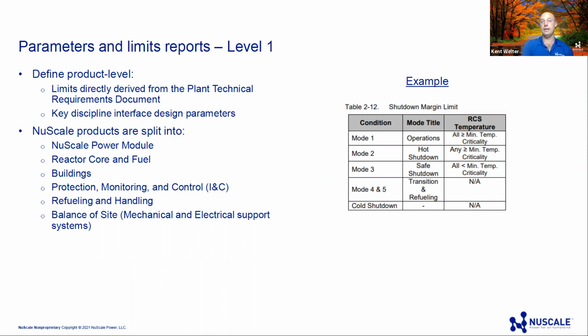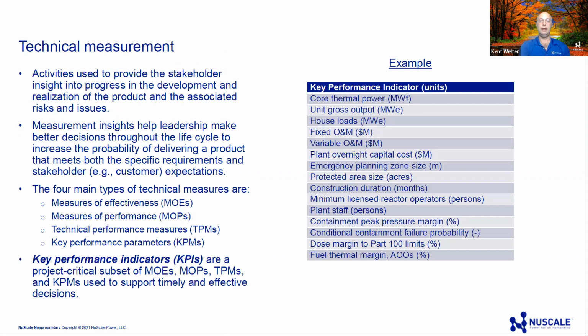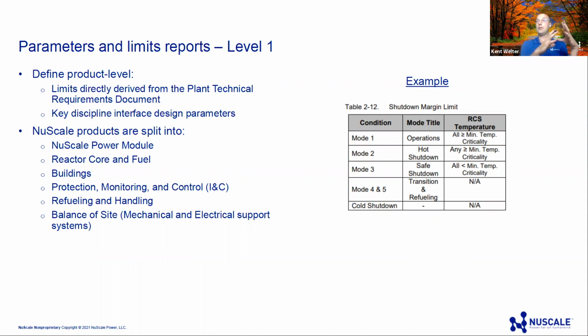And what we do then is in the next step, so what we did now is we have this collection of documents that have a lot of design parameters, limits, and constraints. Then that third step is, well, those will be pushed into requirement specs and designed to. But then from a decision-making perspective, is there a subset of key parameters that we should be managing as a development team and a product team to support decision-making as we go through that process?